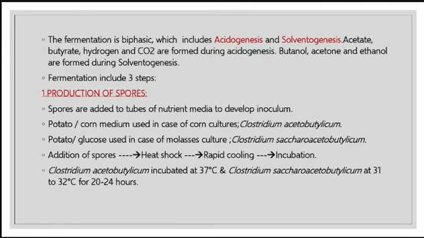The spores are added to nutrient media, heat shock treatment is done, and after rapid cooling, incubation is done. Clostridium acetobutylicum is incubated at 37 degrees Celsius, and Clostridium saccharoacetobutylicum is incubated at 31 to 32 degrees Celsius for 20 to 24 hours.